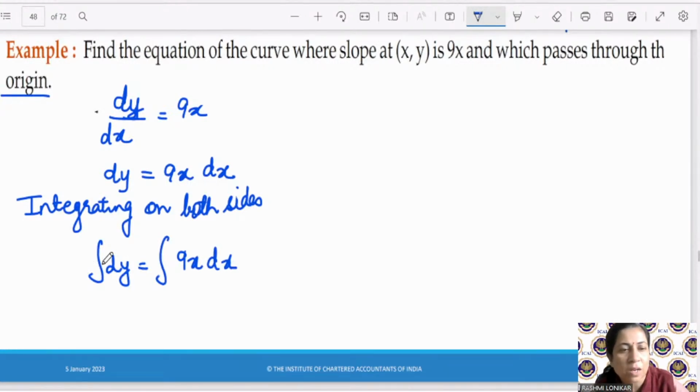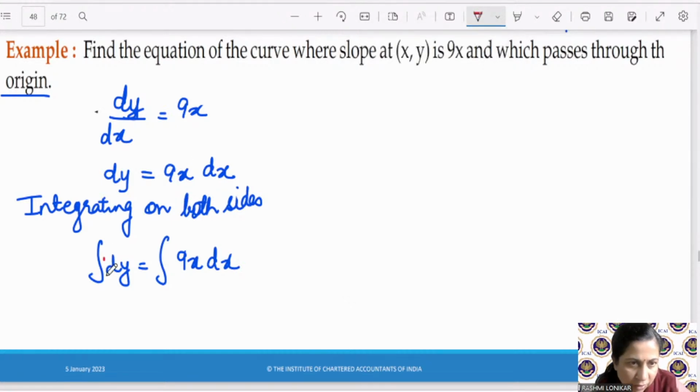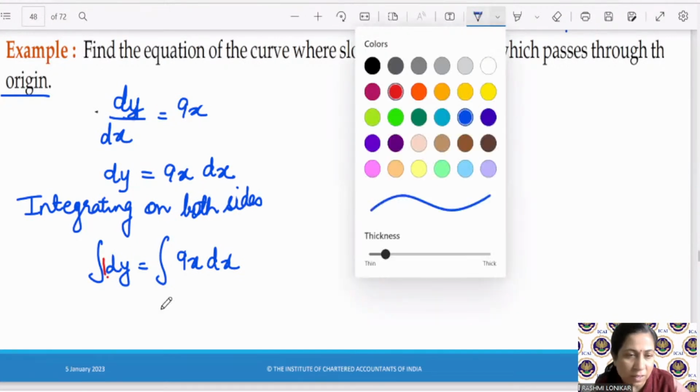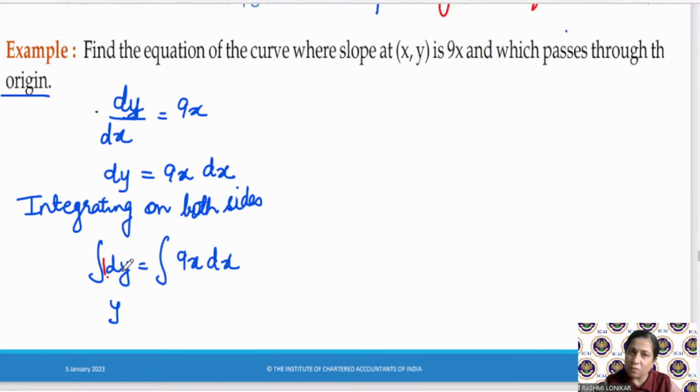Integral of dy means what? It is as good as integral of 1 dy. So what is integral of 1? It is y, because this is dy. Had it been integral of 1 dx, it will be equal to x. But here it is integral of dy, so it is y. This is equal to 9 integral x dx.